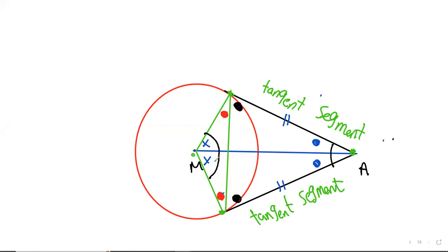So this angle here is equal to this angle. As you see here, they are two congruent triangles, and the angle colored in blue is the same as this one colored in blue, and the angle colored in black is the same as this one colored in black, and the angle colored in red is the same as this one, and the angle labeled with a cross is the same as this angle.